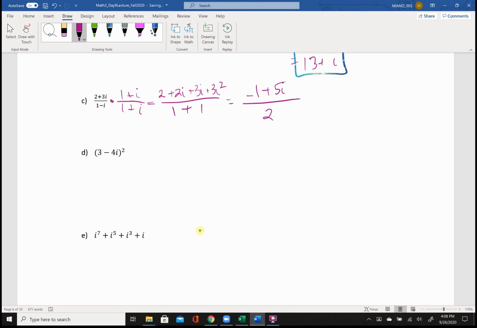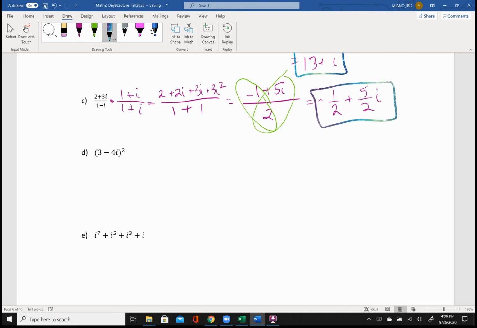So what you have to do is what I like to call splitting the numerator, and put each of these in their own little term with their own divisor of 2. So that'll look like -1/2 plus 5/2 i, where a is -1/2 and b is 5/2. Okay, so that's the format for the final answer that they want for a problem such as that.